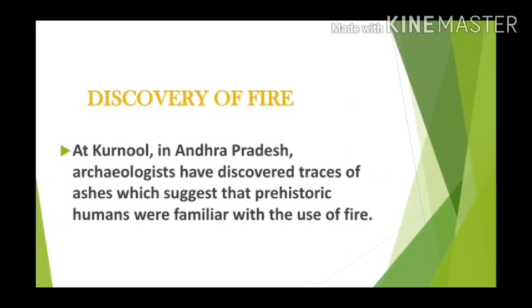At Kurnool in Andhra Pradesh, archaeologists have discovered traces of ashes which suggest that prehistoric humans were familiar with the use of fire. Now the question is, how did they know about the fire? And how did they learn to make fire for the first time?